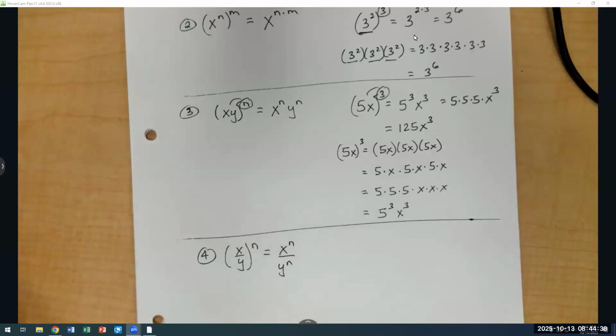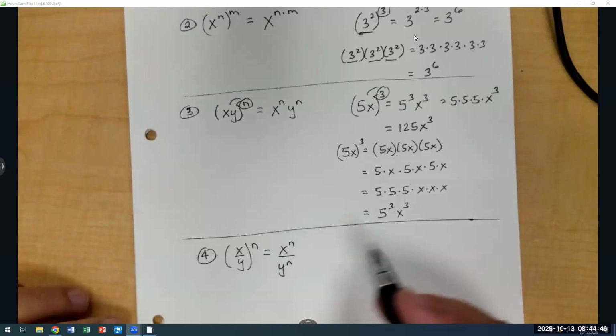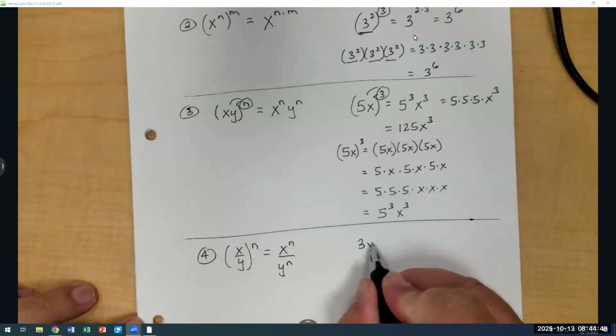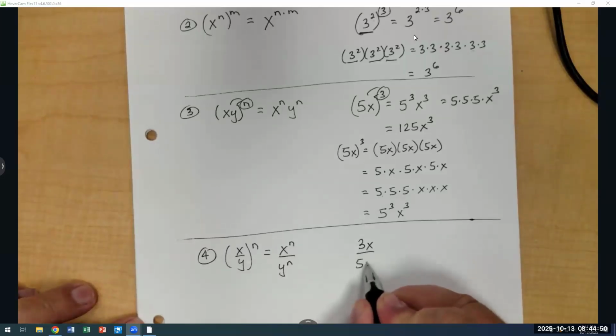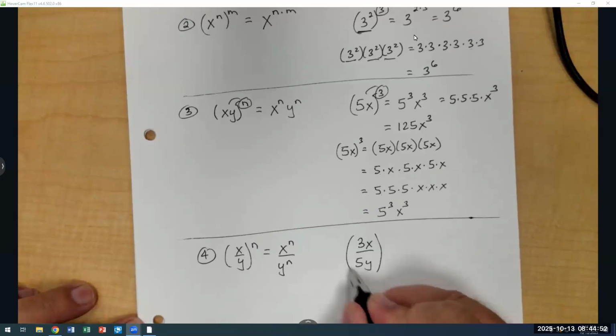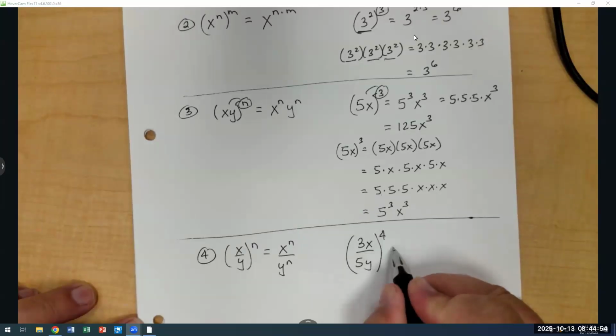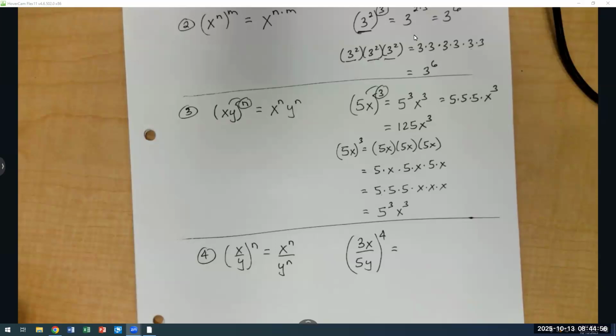Just whatever the exponent is, it distributes to all the numbers on top and all the numbers on the bottom. So how would I expand this one?